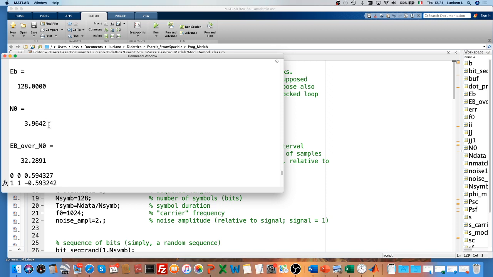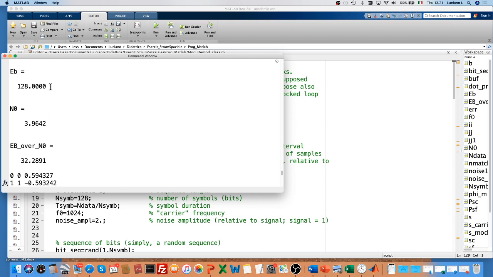The energy per bit is essentially 4. Remember, 4 is 2 squared. 2 is the amplitude of the noise in terms of variance. If I take the square of that, I obtain 4.